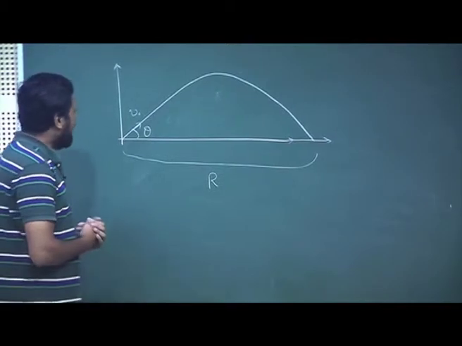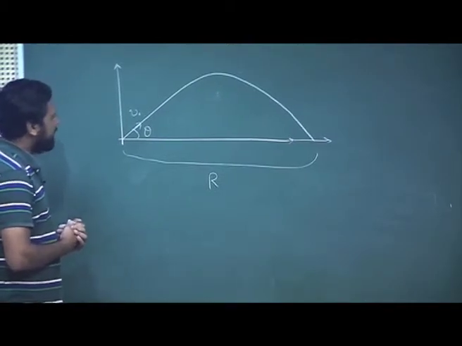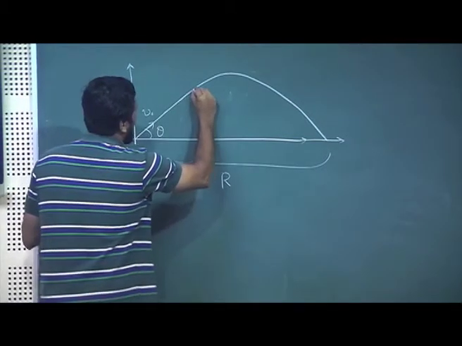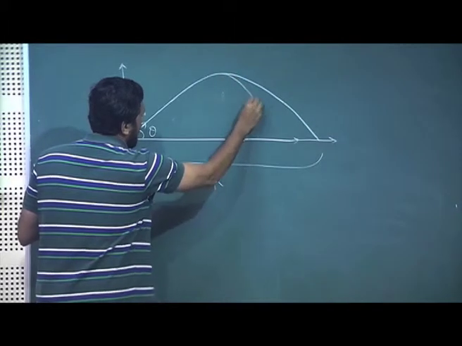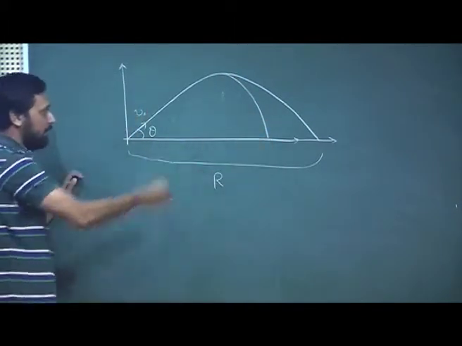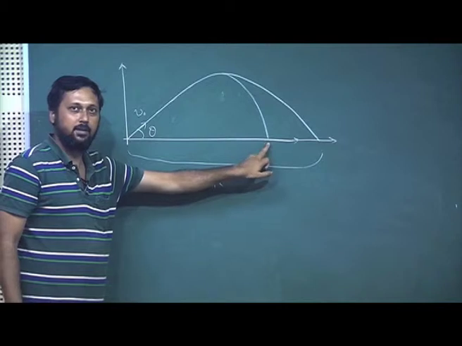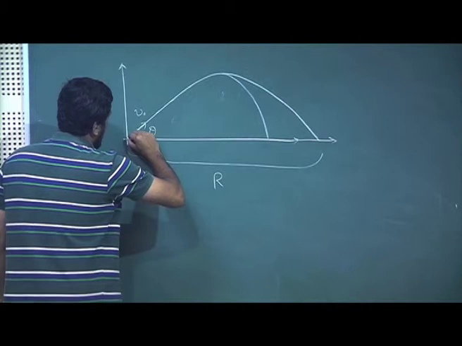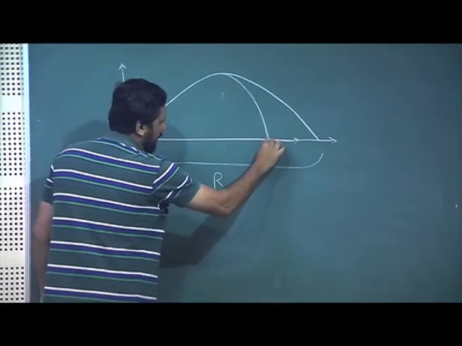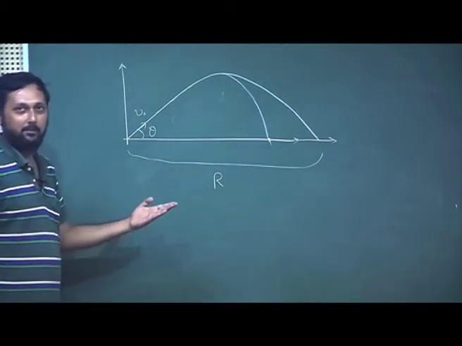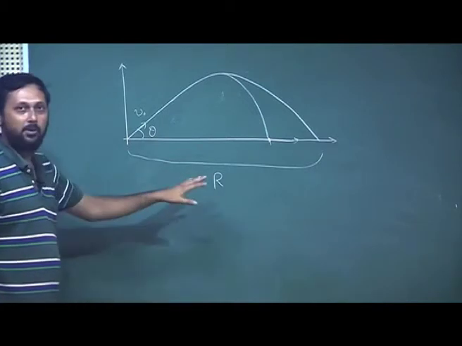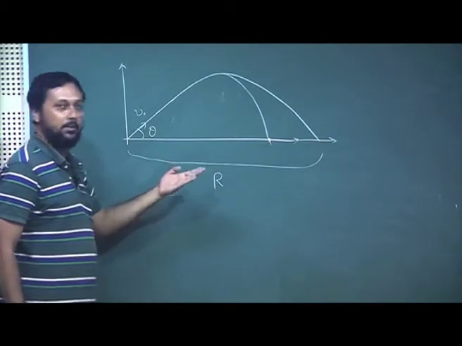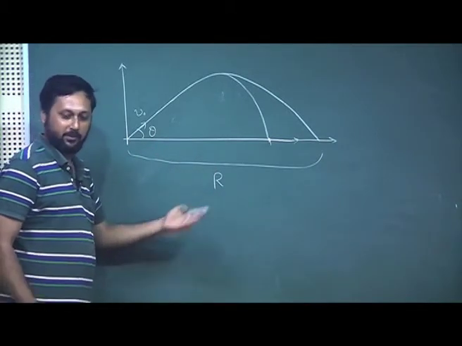Now, in case there is air resistance present, a projectile will fall short of its desired range. All these things can be solved mathematically, but as I said, I am not going into the details of the equation. What I am more concerned about is to give you an overall physical description of what happens.